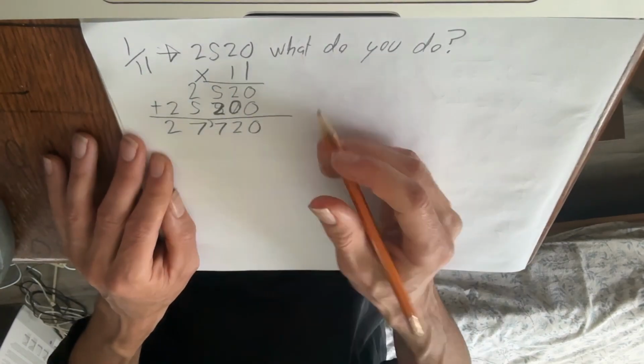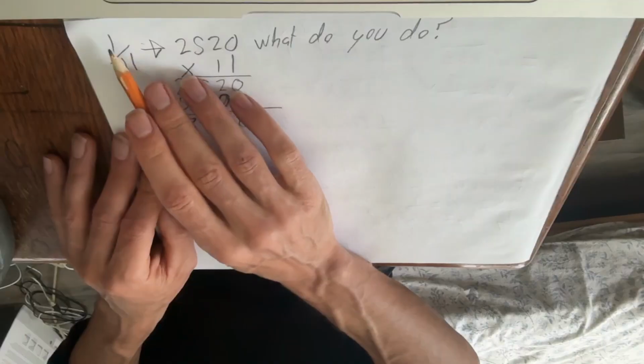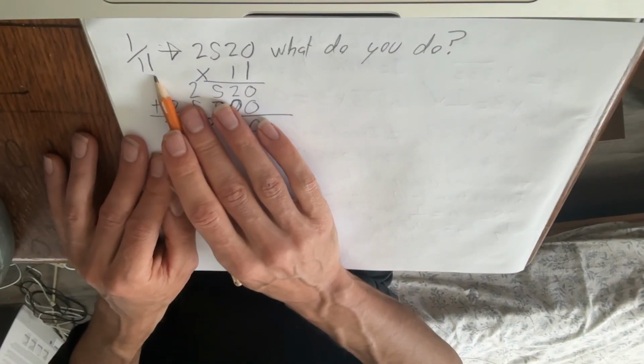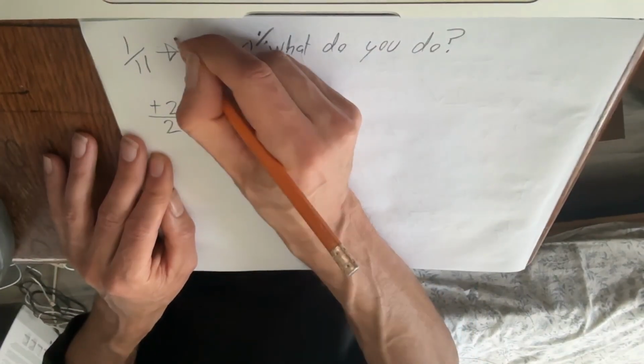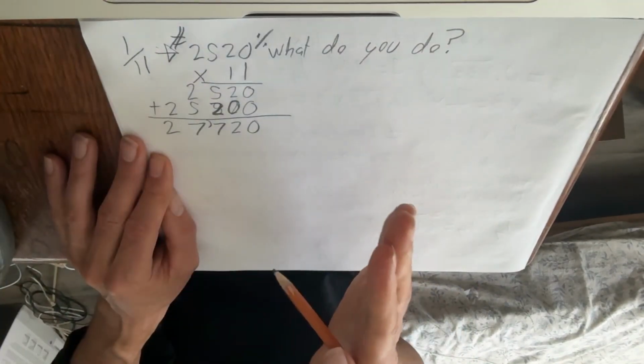Now, why did we do this? It's because when we have a mathematical equation that is working with 1 over 11, and our total percentage is 2,520, no, that's not going to work.